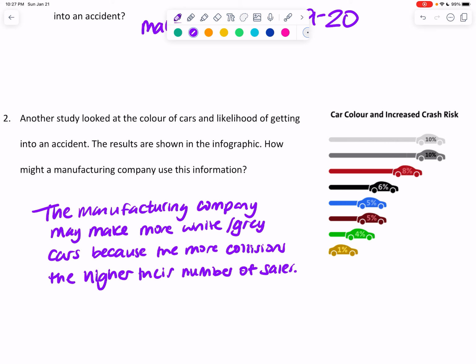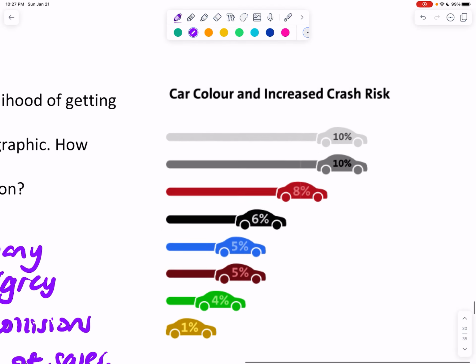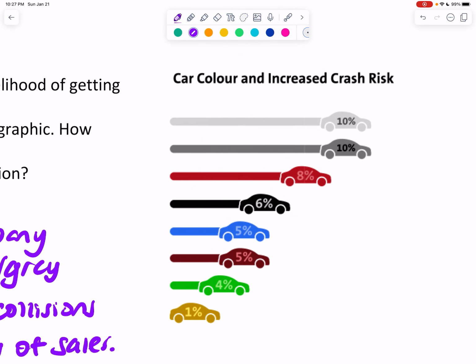Other side note, what vehicles do you see that are yellow most often? School buses. School buses are yellow because yellow, as we see here, has the lowest risk of being in a car accident. Well, duh. We want our children, our precious cargo, to be as safe as possible. And how do we get them as safe as possible? Well, we want them to be in a high visibility vehicle that people can see.